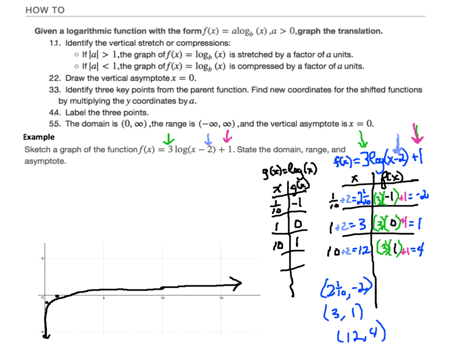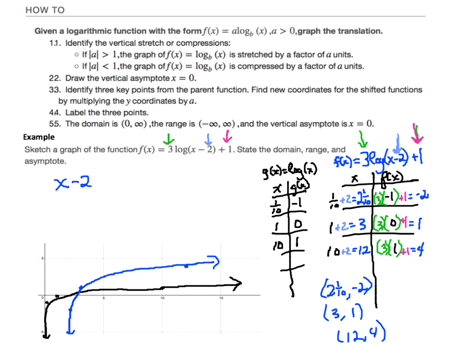All right, 2 1/10, negative 2 is about right here. 3, 1. 12, 4. Okay.